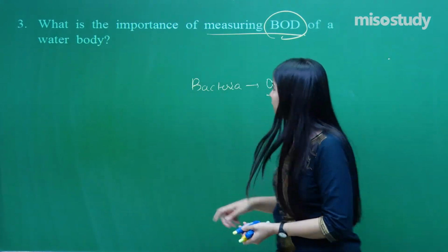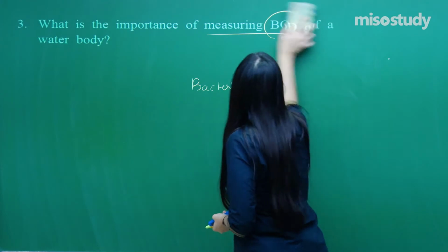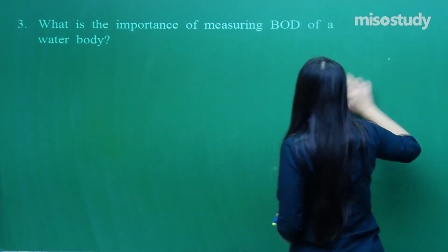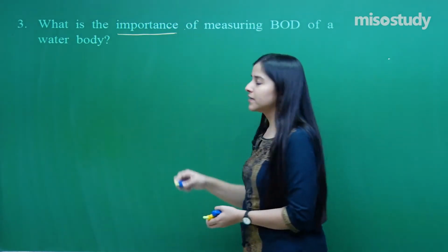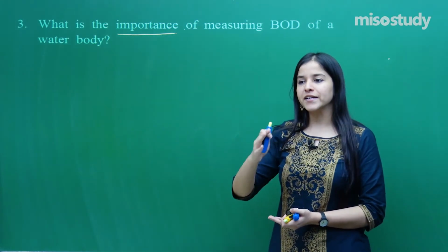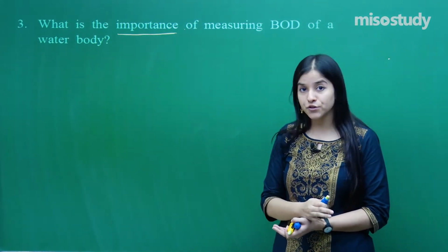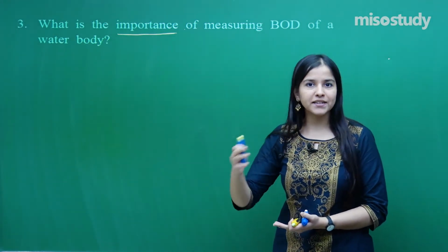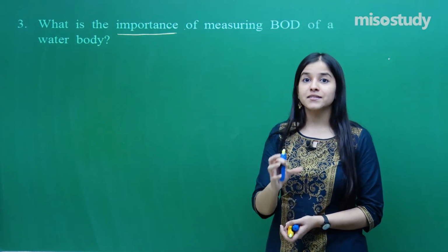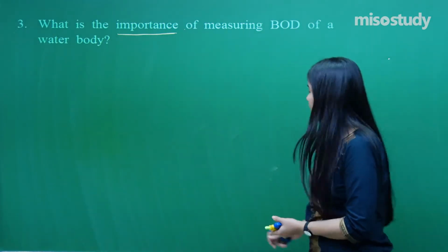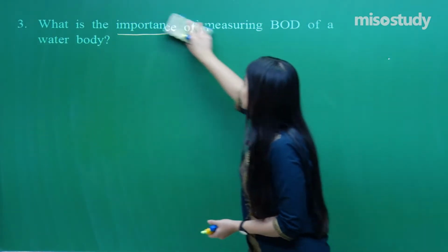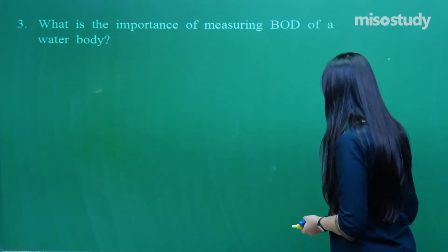Now, the importance of measuring it is finding out the amount of oxygen being consumed, which affects aquatic life, so that the necessary preventive measures can be taken. You can very well form the answer over here. I hope you have got it.